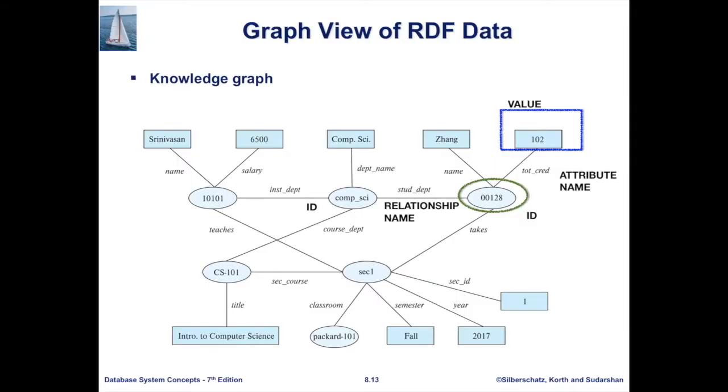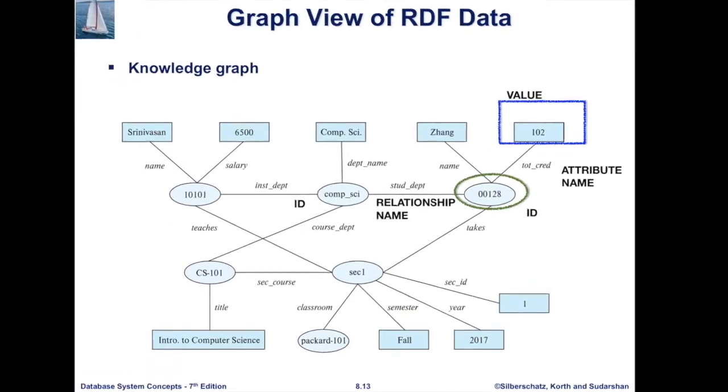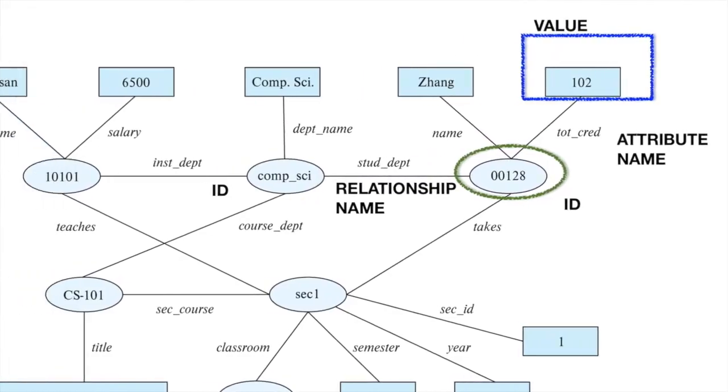To illustrate how the entity relationship model is used here, we can zoom into a portion of this knowledge graph and see that meron tayong 00128 inside an ellipse connected to 102 inside the rectangle to denote mapping ng 102 value sa attribute na total credits for a student na may ID 00128.